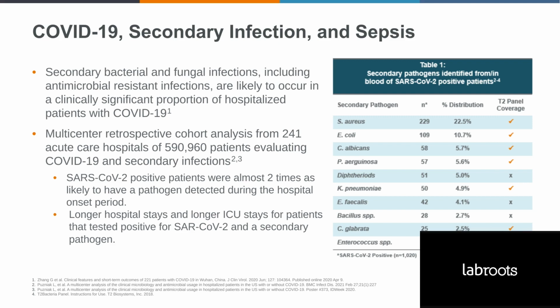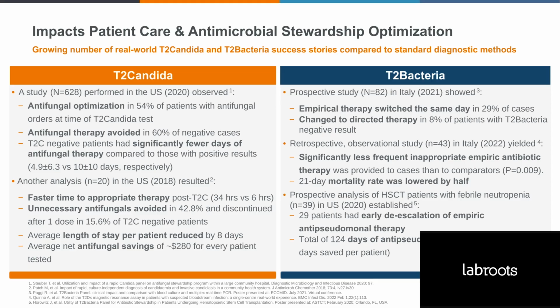And if you look at the table on this slide, you can see that the most commonly seen secondary pathogens in COVID patients are actually covered by the T2 panels. There is growing real-world evidence demonstrating the positive impact of T2 Candida and T2 Bacteria on patient care and antimicrobial stewardship.